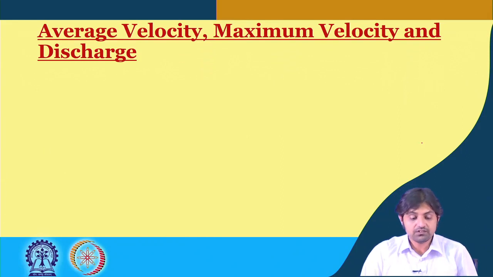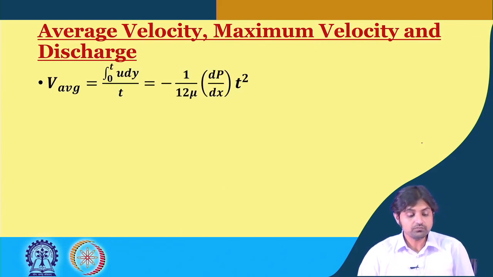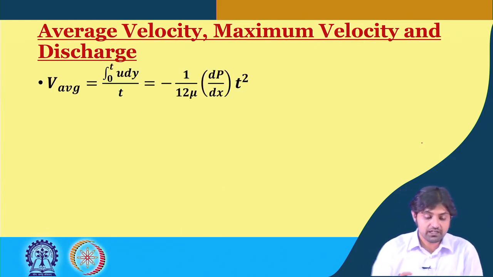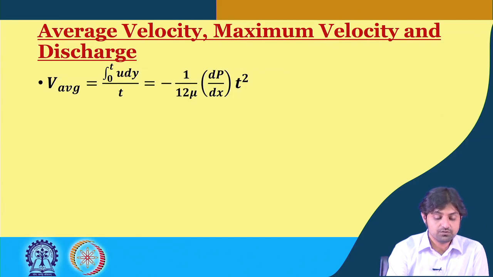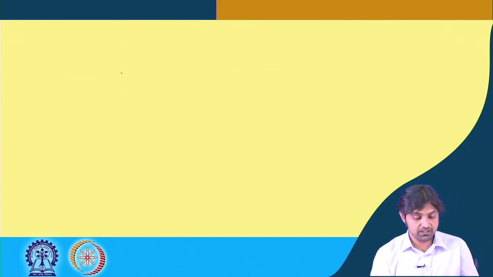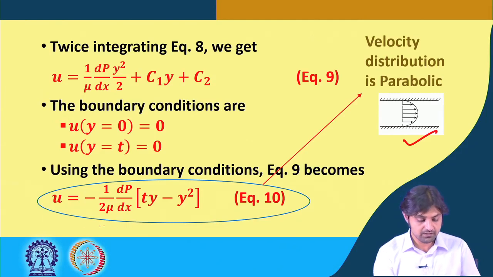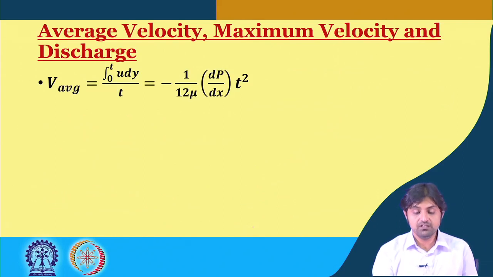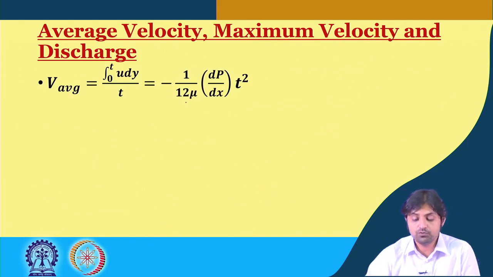Now, repeating the same procedure for average velocity, maximum velocity and discharge. The average velocity is again given by the integral from 0 to t of u dy by t, and if you put u as obtained in the last slide here, what we are going to obtain is minus 1 by 12 mu dP/dx t square.